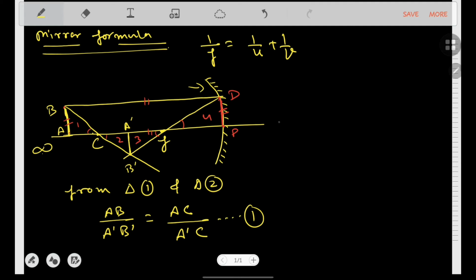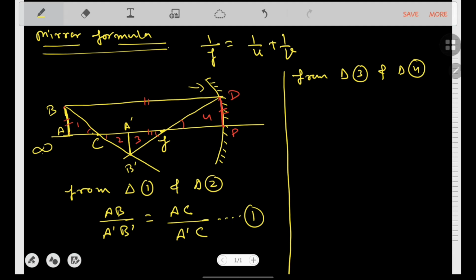Similarly, here we can find the second equation, that means from triangle 3 and triangle 4. So let's check what comes out from that. Between 3 and 4, we follow the same process but in another manner. Here the big triangle is the 4th and the smaller is the 3rd, as usual.